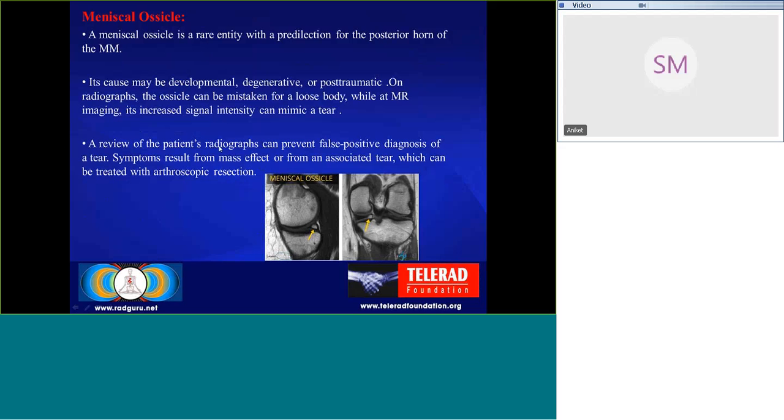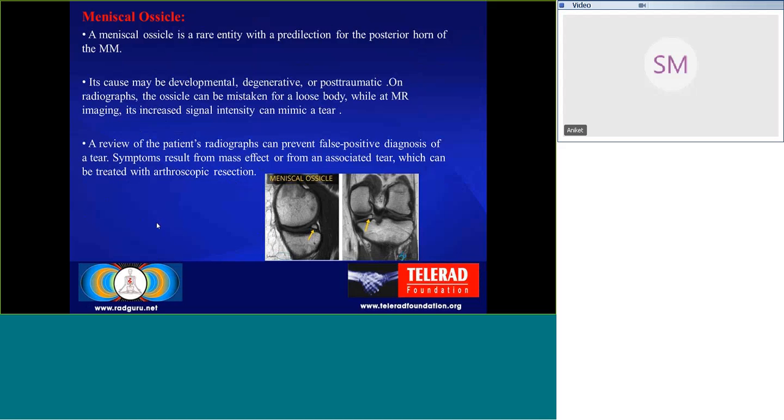Next thing is meniscal ossicle. It is a rare entity with a predilection for the posterior horn of the medial meniscus. The cause of a meniscal ossicle could be developmental, degenerative, or post-traumatic. On radiographs, the ossicle can be mistaken for a loose body, while on MR imaging, its increased signal intensity can mimic a tear. So review of the patient's radiograph can prevent a false positive diagnosis of a peripheral tear or parameniscal cyst.